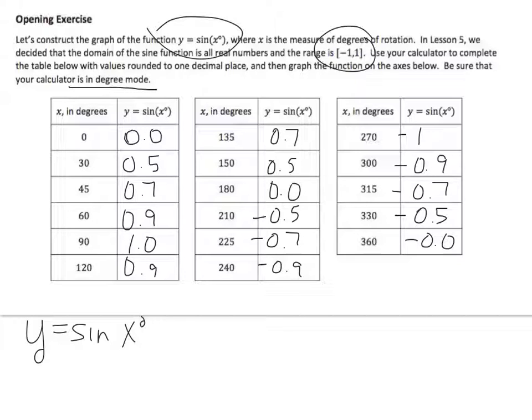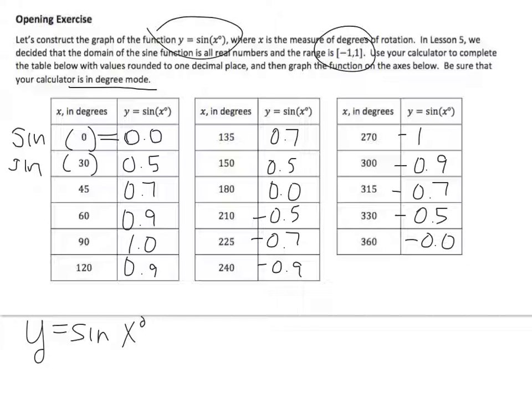What you're going to do in your calculator is hit the sine button and do sine of 0 and hit enter. Sine of 30 and hit enter. You'll get quite a few decimal places, but just round it.